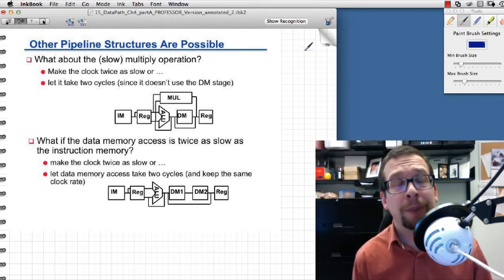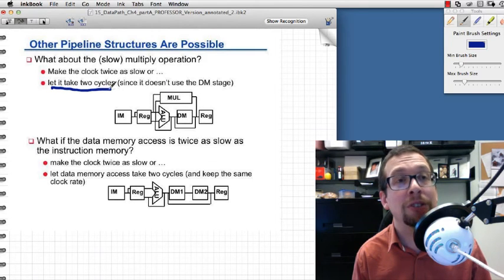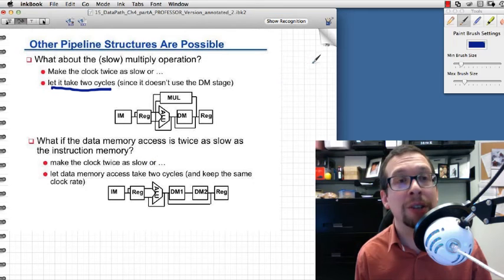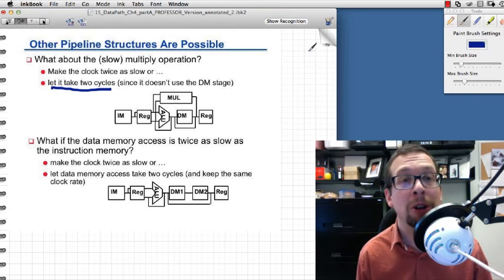All right, there are workarounds for some of these hazards, and I spoke about one, time slicing a register access. You can do things like make the clock twice as slow and have an instruction take 2 cycles instead of 1 to overcome particular issues. What if data memory access is twice as slow as instruction memory? Well, you can make the clock twice as slow, or you can let data memory access take 2 cycles and keep the same clock rate.